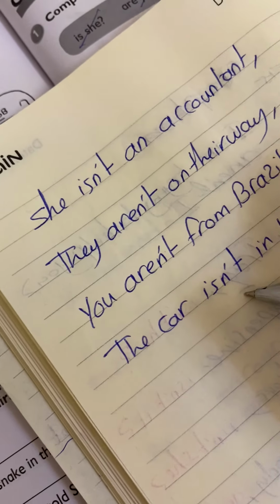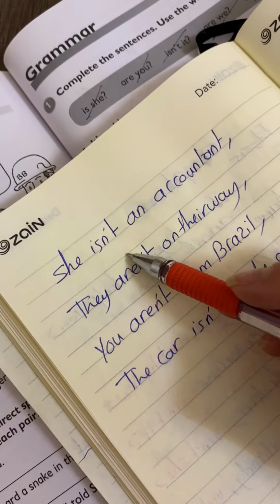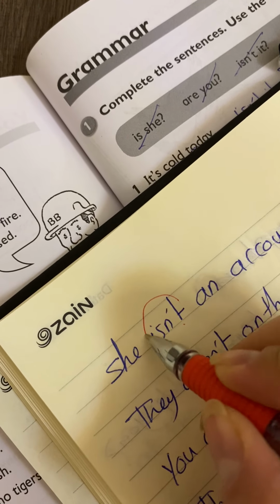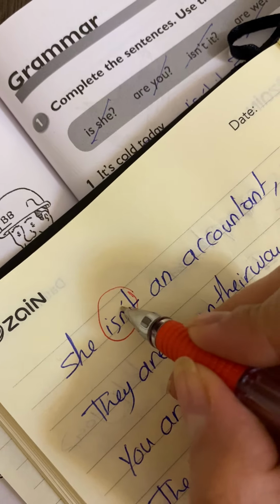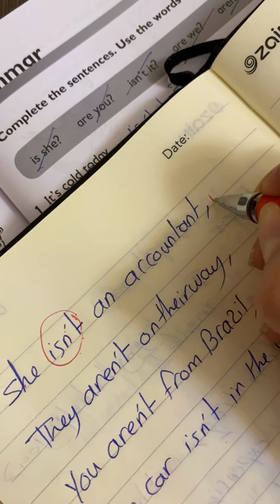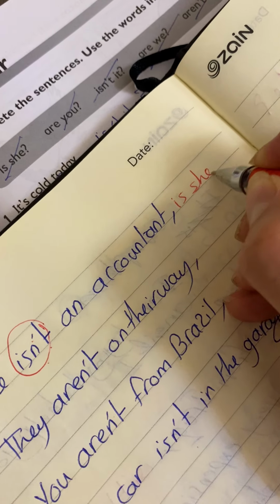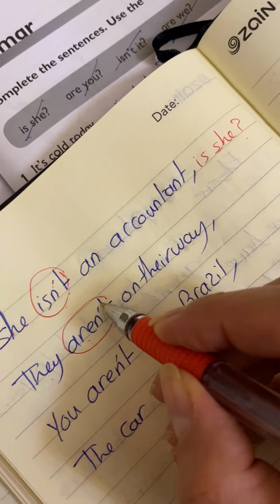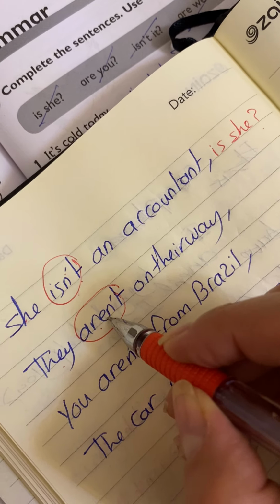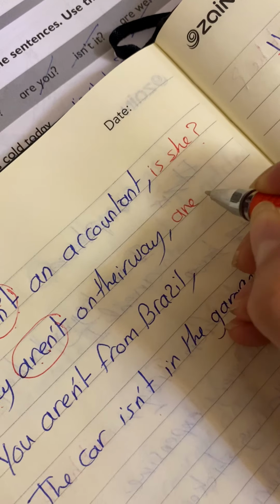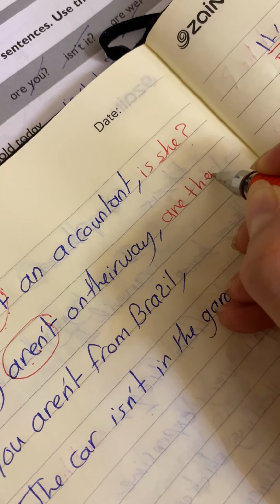She isn't an accountant, so this verb is negative, change it to positive, and then we add the subject, بتصير is she. They aren't is negative, change it to positive, بتصير are, then we add they, so are they.